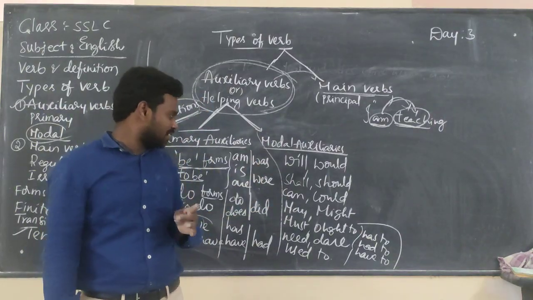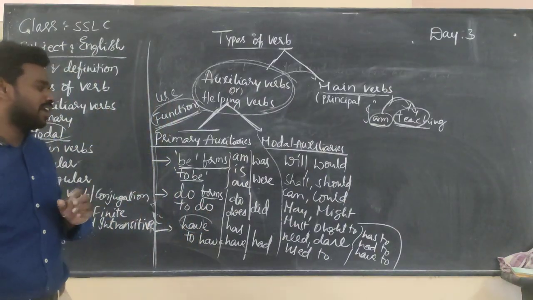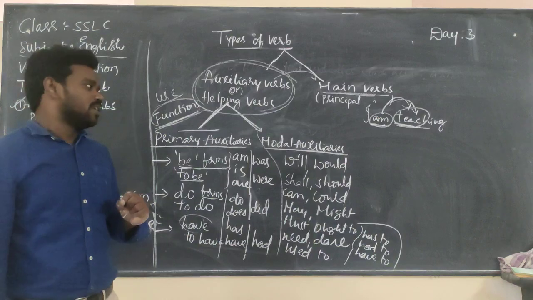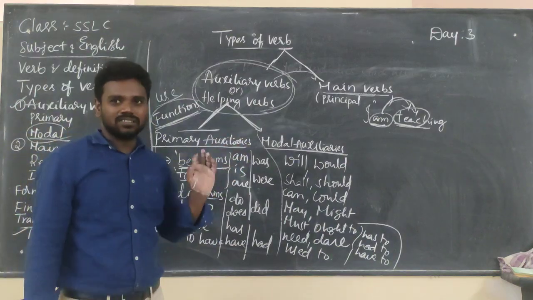Will, would, shall, should, can, could, may, might, must, ought to, need, dare, used to. Along with this, we can also consider has to, had to, have to. Sometimes these three also function like modal auxiliaries.